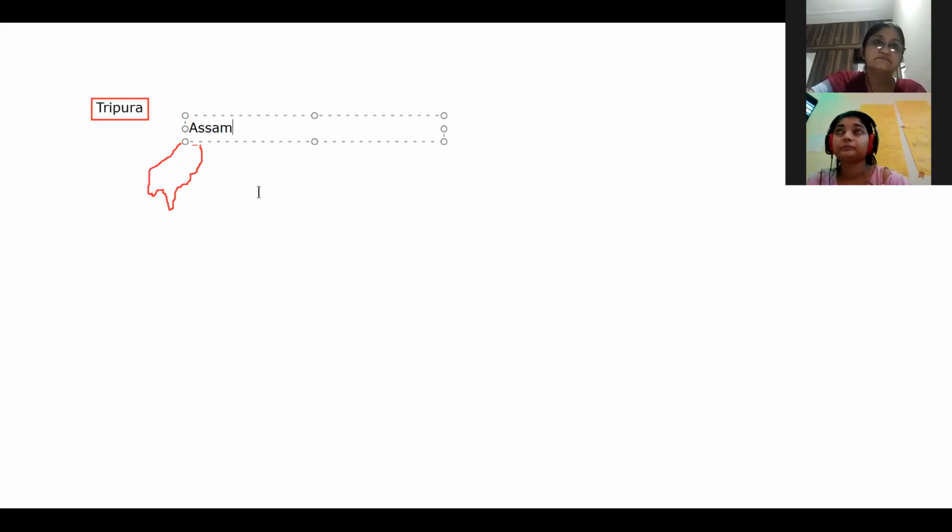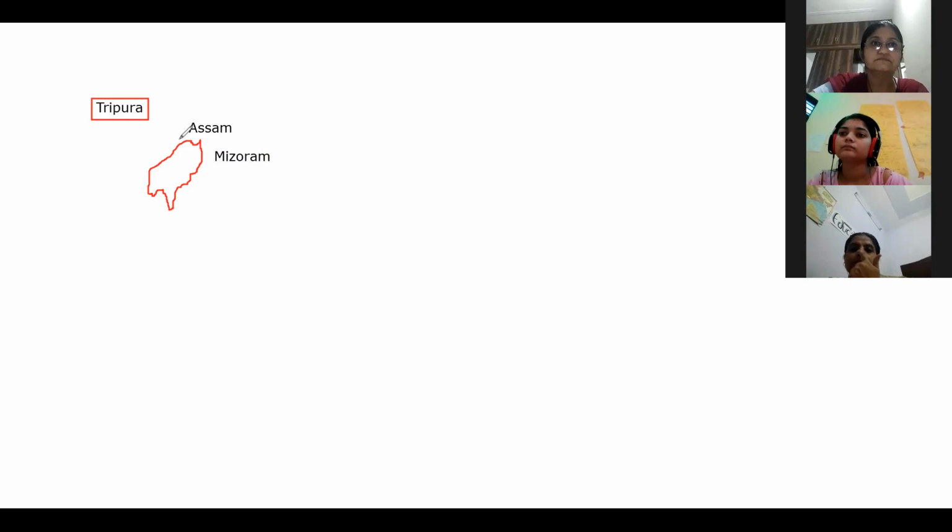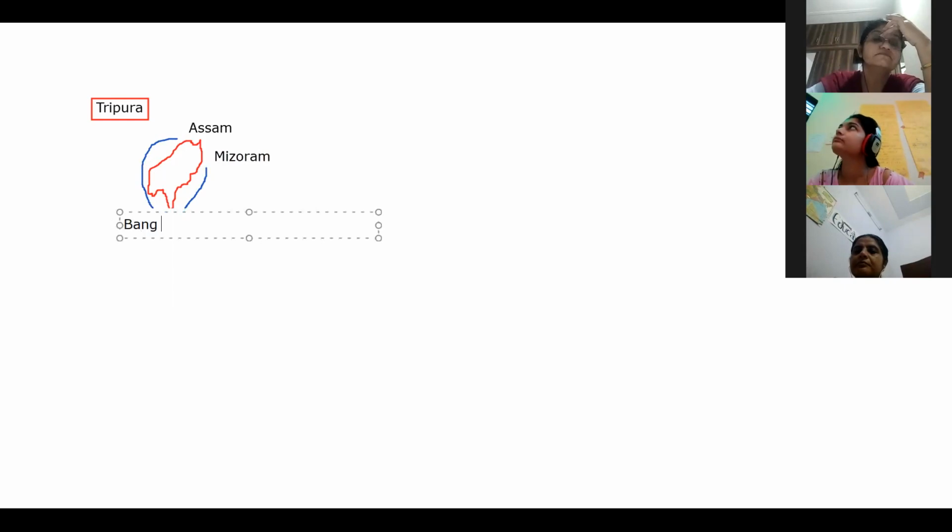And on the eastern part of the state, there is Mizoram. And the rest of the entire border, this part, here lies Bangladesh.